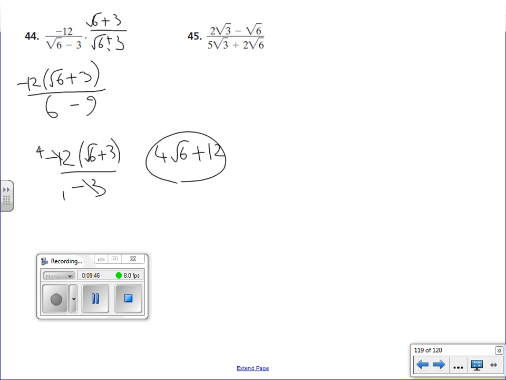That's our final answer. Okay, last one, most complicated one, still multiplying by the conjugate, which is 5 root 3 minus 2 root 6.